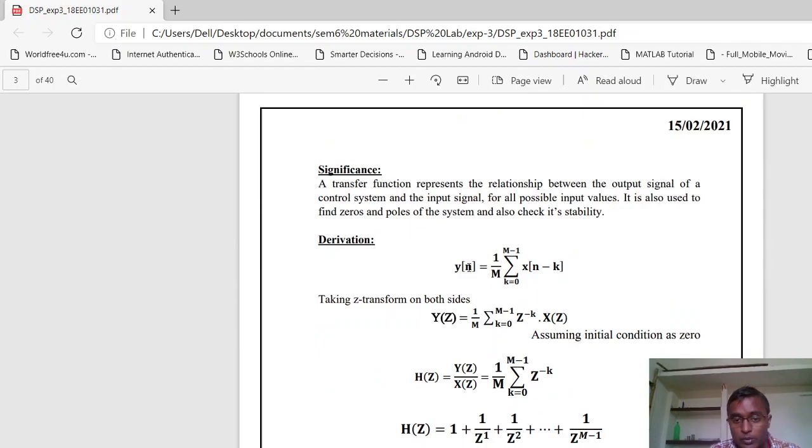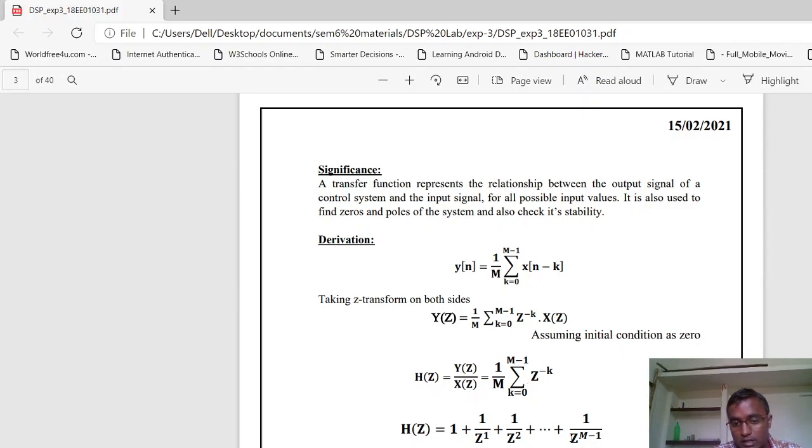First of all, y of n is equal to this. This is our difference equation. Taking the z transform of both sides, we get Y of z, and here z to the power minus k will come, and X of z will come outside. Then H of z is equal to Y of z by X of z.